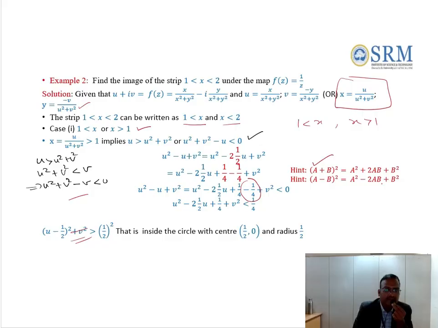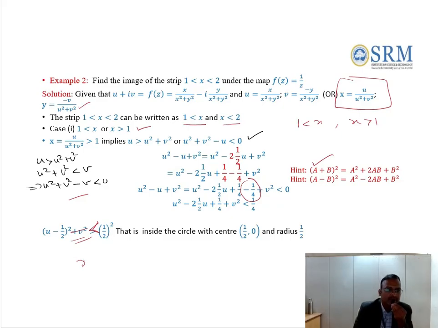So by using the second formula, we can write (u − 1/2)² + v² < (1/2)².